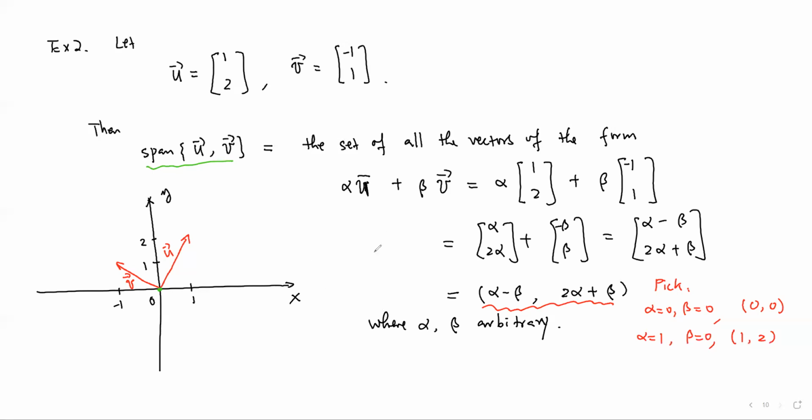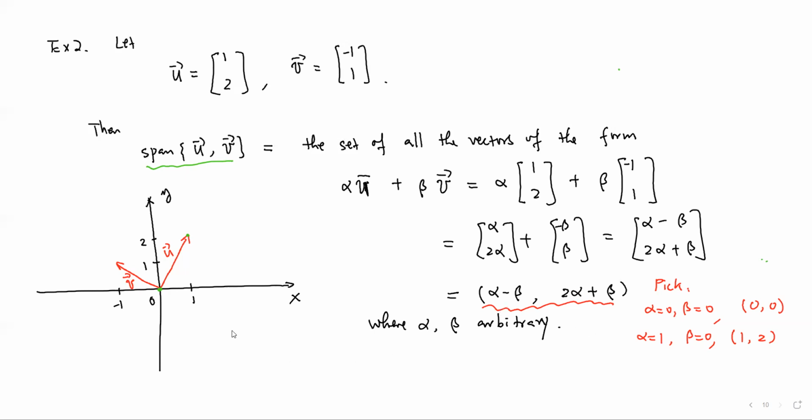The point is (1, 2), which is vector U. (1, 2) is this point, vector U.